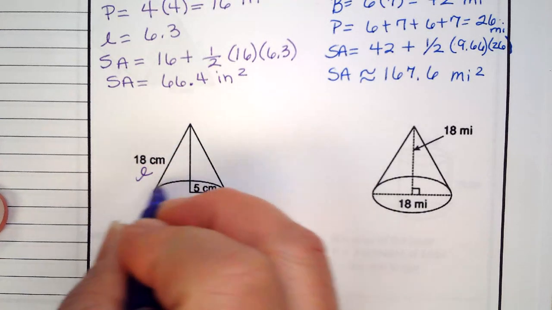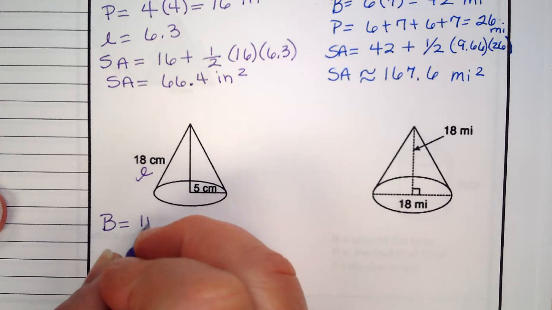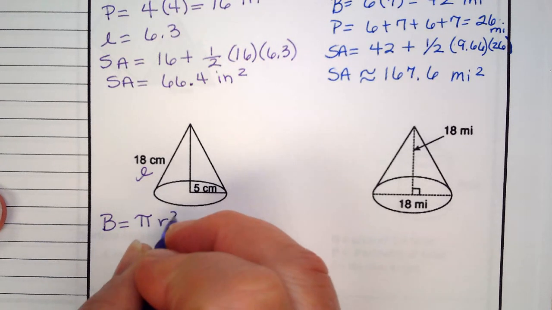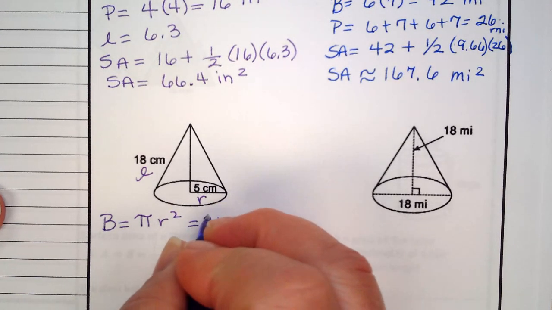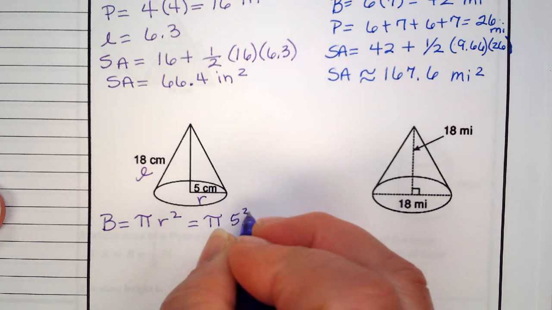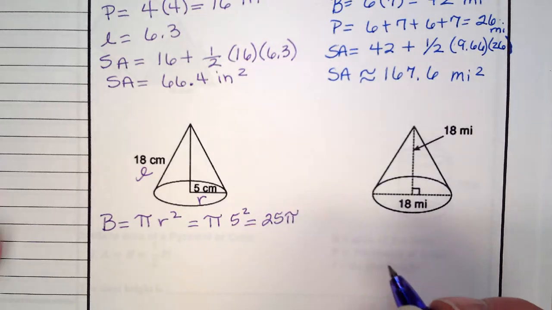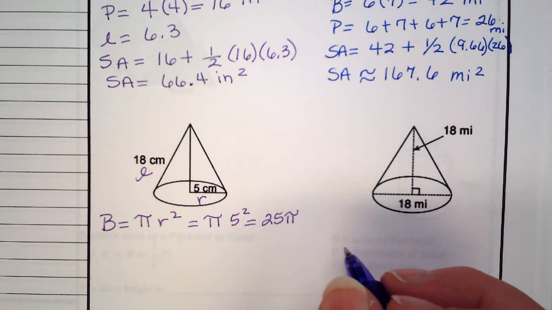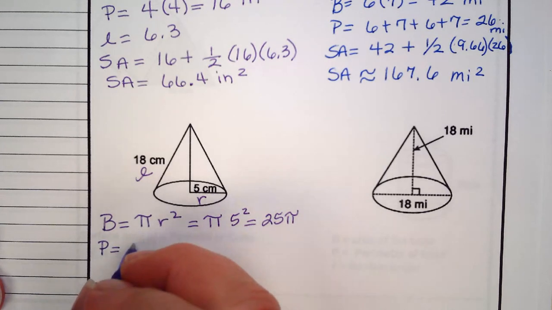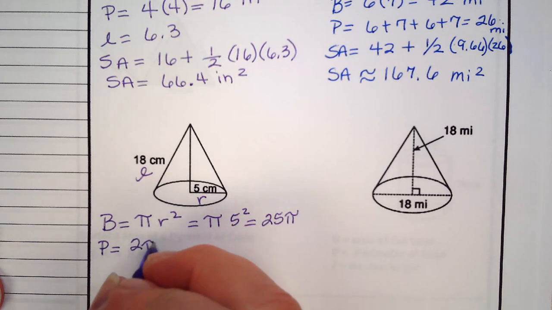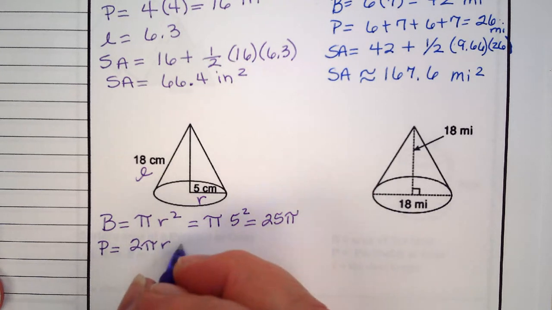The base is a circle, so that is pi r squared. R is 5. Pi times 5 squared, which is 25 pi. For my perimeter, it is 2 pi r, because that's your circumference.